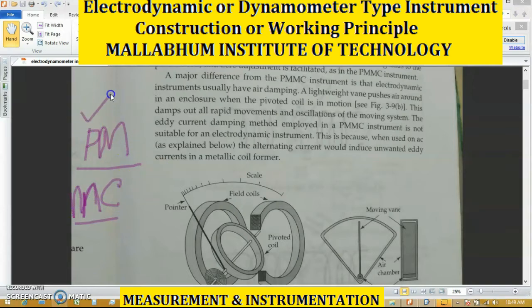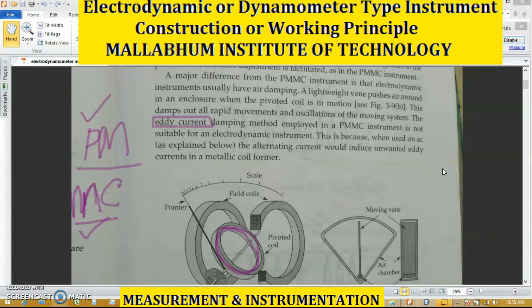The PMMC instrument has a permanent magnet, but the electrodynamic type instrument has a field coil, and the moving coil arrangement is the same. The second major difference is that in the PMMC instrument, the eddy current is employed to provide damping.